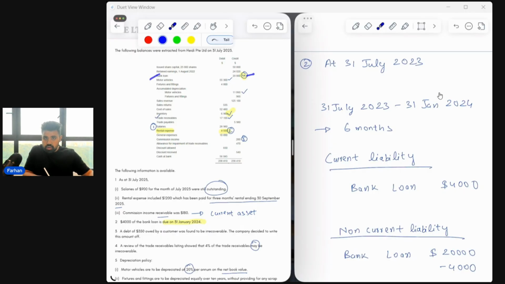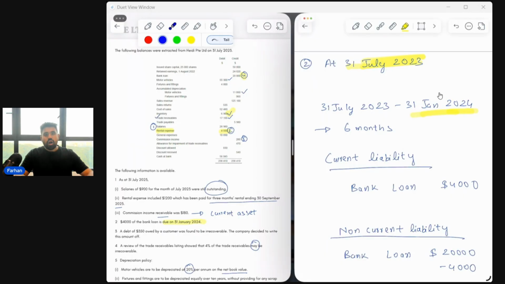It is a liability, right? But based on the additional information, $4,000 is due for payment in January 2024. So given that today we are here at 31 July 2023, from 31 July 2023 until the end of 31 January 2024, we have got 6 months ahead. So we know 6 months from now, we have to pay $4,000 of bank loan.